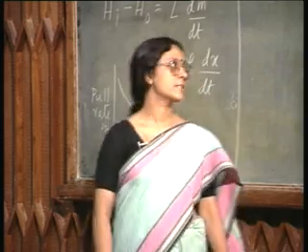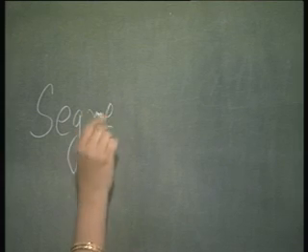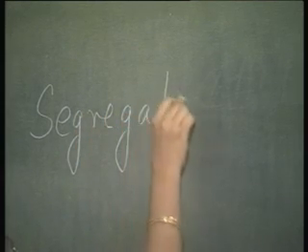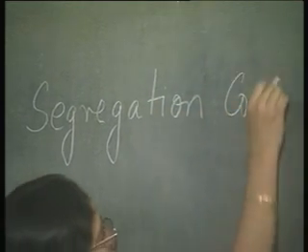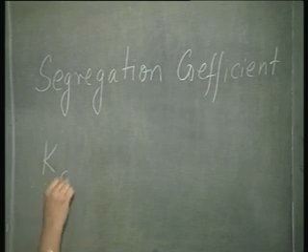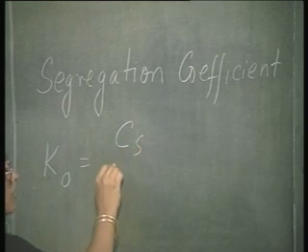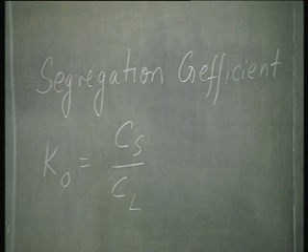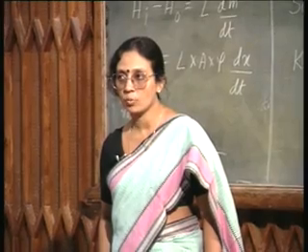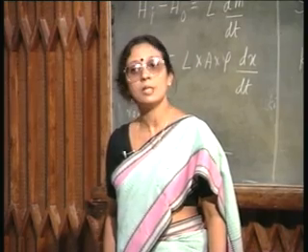This difference is given by the segregation coefficient, usually referred to as K naught, and K naught is given as the ratio between CS and Cl, where CS is the solid solubility of the dopant in silicon, and Cl is the equilibrium solubility in the melt.